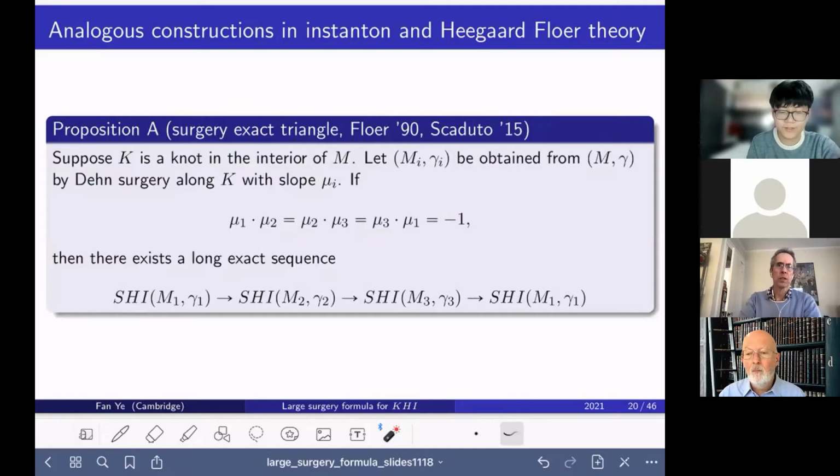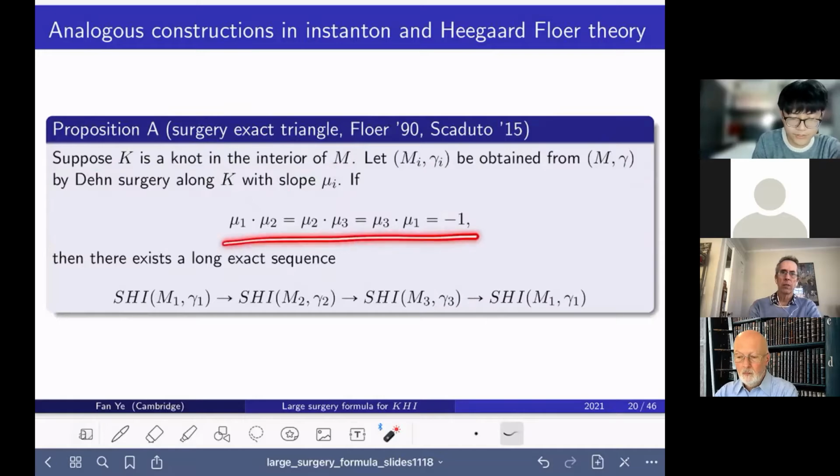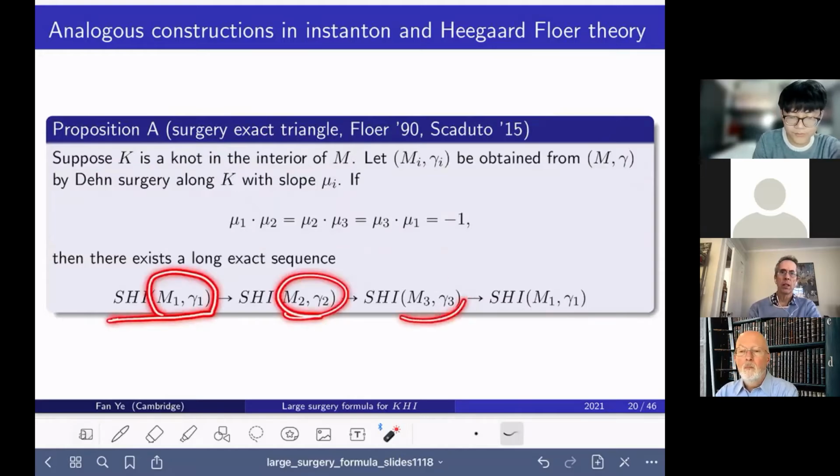And then we consider the balanced sutured manifolds (M_i, gamma_i), which are obtained from the original balanced sutured manifold (M, gamma) by Dehn surgery along K with slopes satisfying this condition. And then there exists a long exact sequence between SHI of these balanced sutured manifolds.